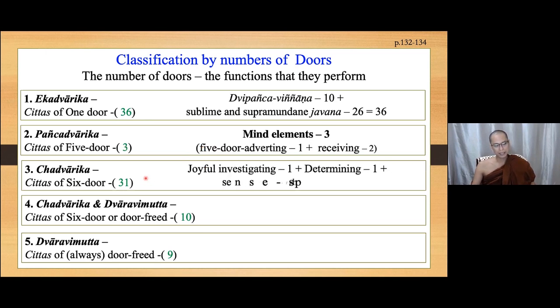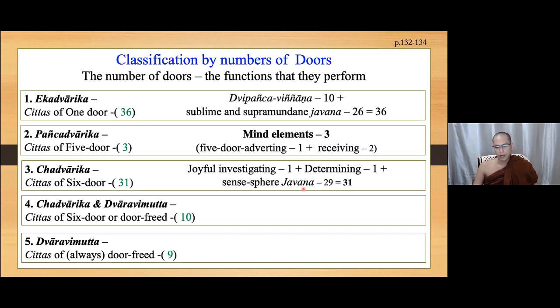And so what are the Chadwarika, the 6 door? The consciousness that occurs in the 6 doors. So altogether 31 consciousness. One is joyful investigating and determining one. Determining refers to the mind door advertence consciousness. And the 29 sense-pure Javana can arise in the 6 doors.